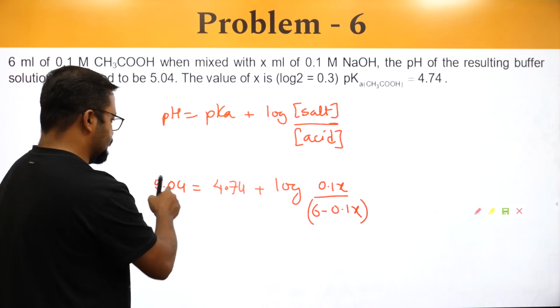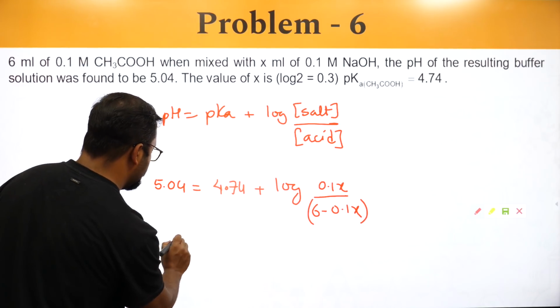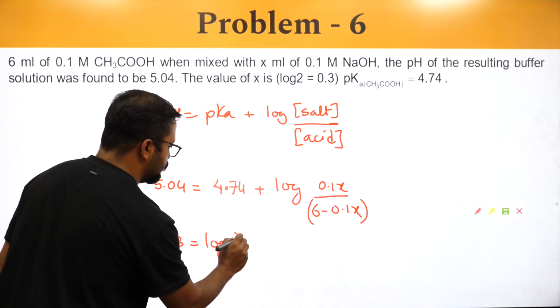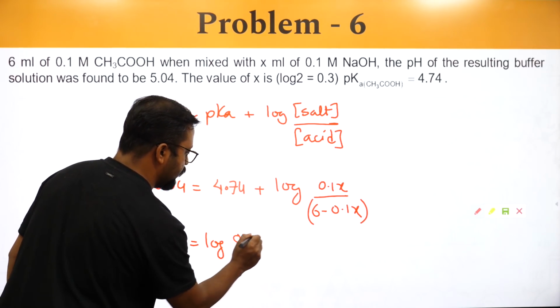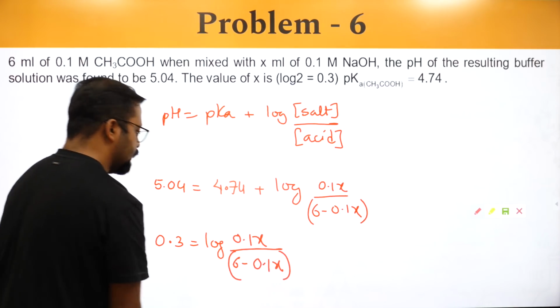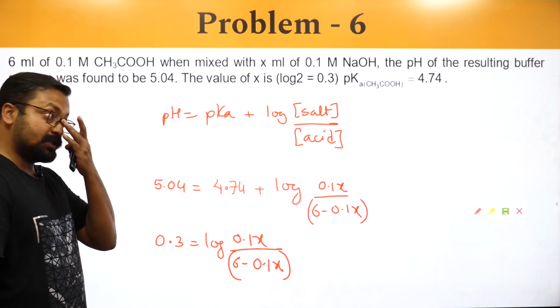Okay, so this will be 0.3 is equal to log of 0.1x by 6 minus 0.1x. Anti-log of 0.3 is 2.